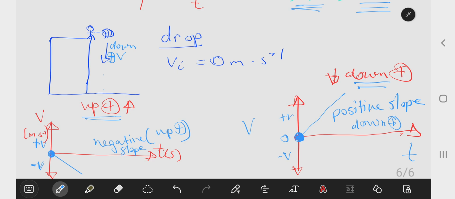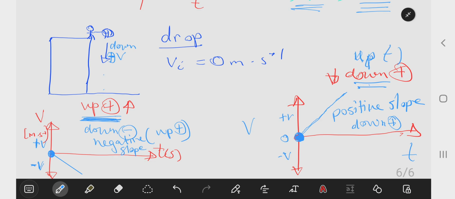To remember it, we can say if the line is going down, which is a negative slope, then upward was chosen as positive, meaning downwards is negative. But if your line has a positive slope, going upwards, it means downwards was chosen as positive and upwards was chosen as negative.